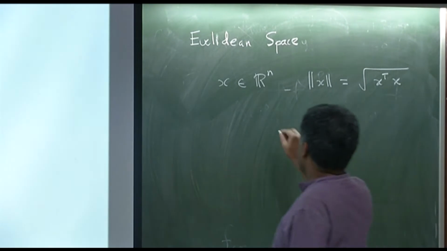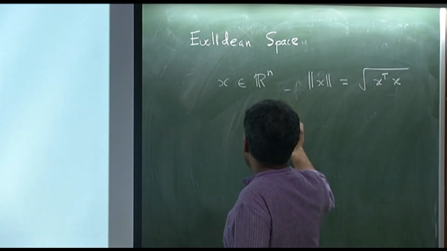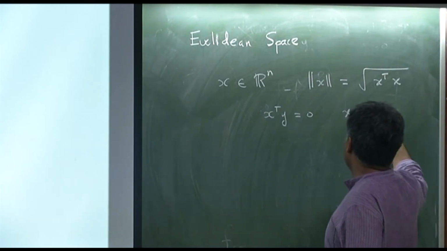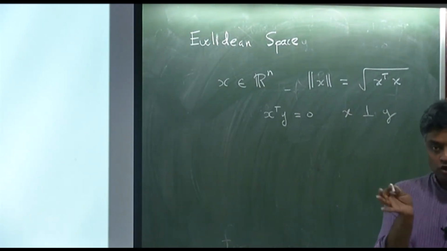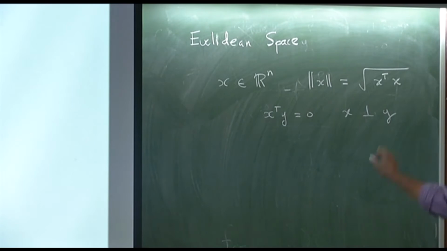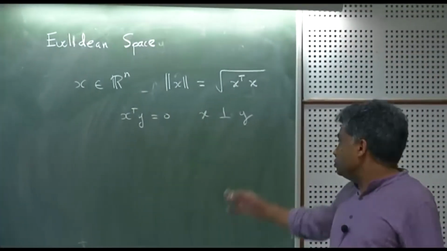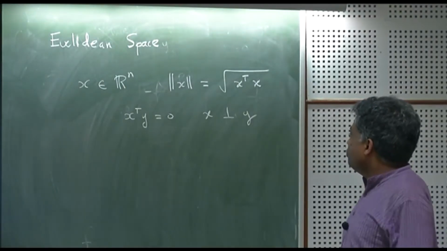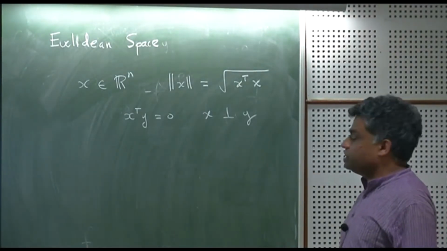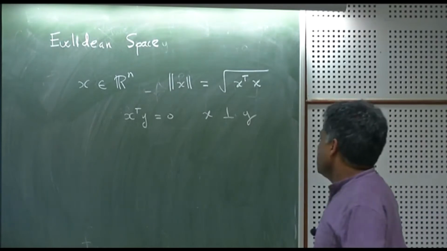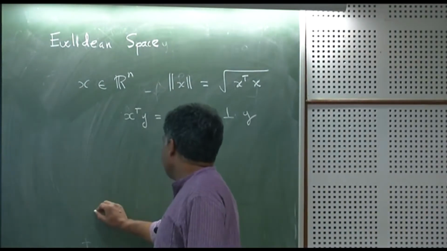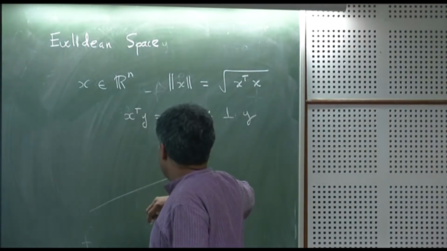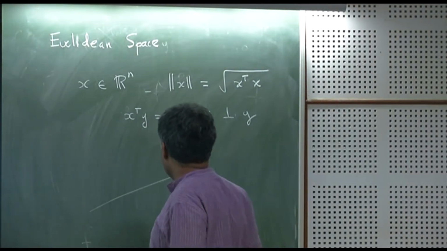So if X transpose Y is equal to 0, we say that X is orthogonal to Y. If their inner product is equal to 0, those two points are going to be orthogonal. And then we also have a notion of orthogonal projection.